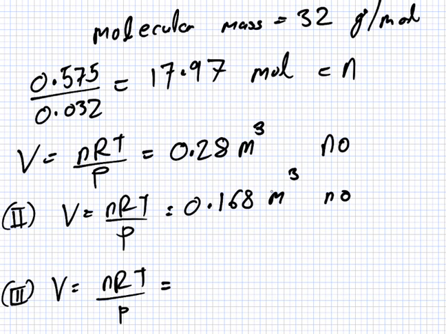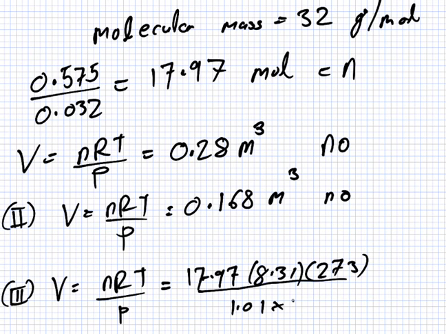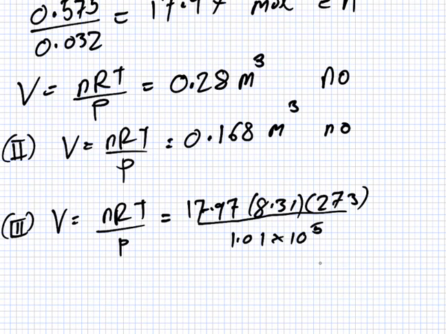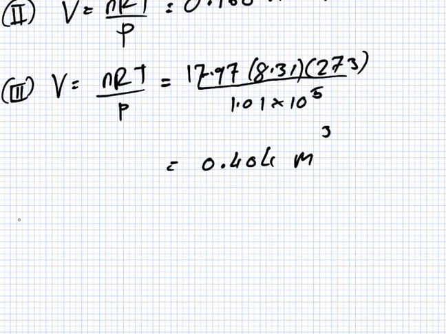What did I say the n was? 17.97. And then what did I say the R is? 8.31. The temperature is now 273, and the pressure is now 1.01 times 10 to the 5. So the volume will be 0.404 meters cubed. Okay, Louise, what's the formula for density?